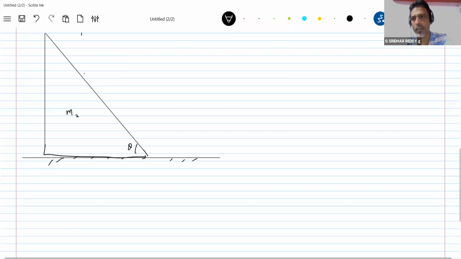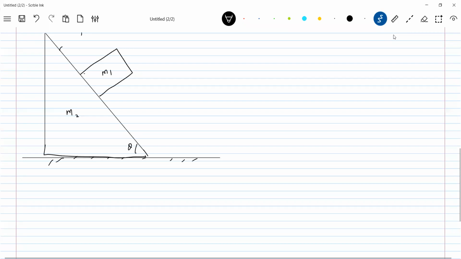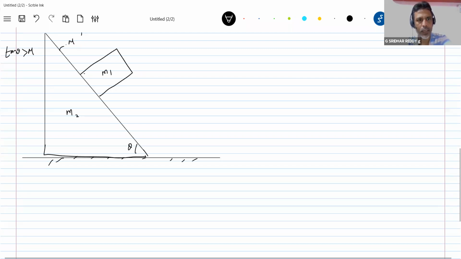This shape. This is rough. I'll just write it mu, where tan theta is greater than mu. This is smooth.